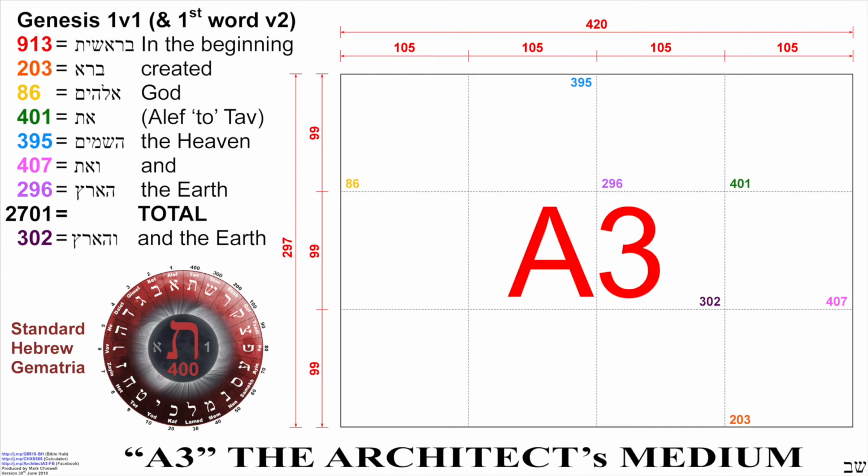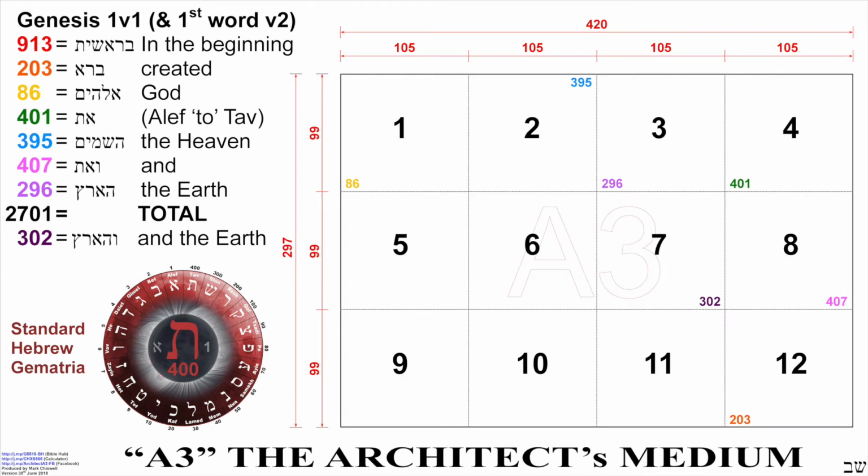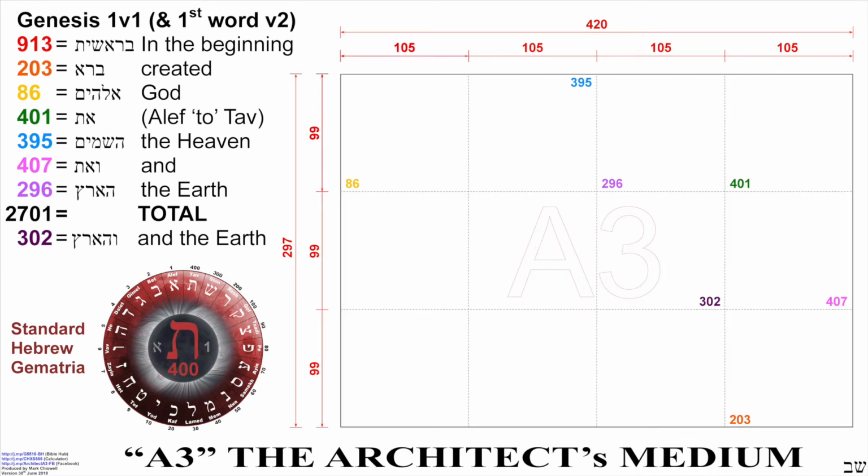So the A3 sheet has 12 units, which are 105 wide by 99 high. And if we were to place these on a Cartesian graph, the 105 would represent the x direction and the 99 would represent the y direction.